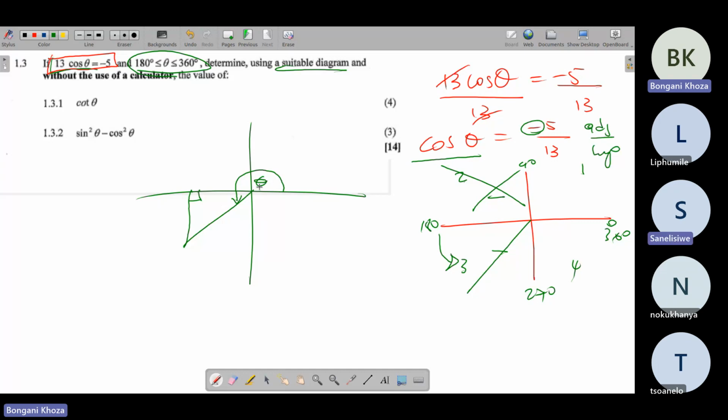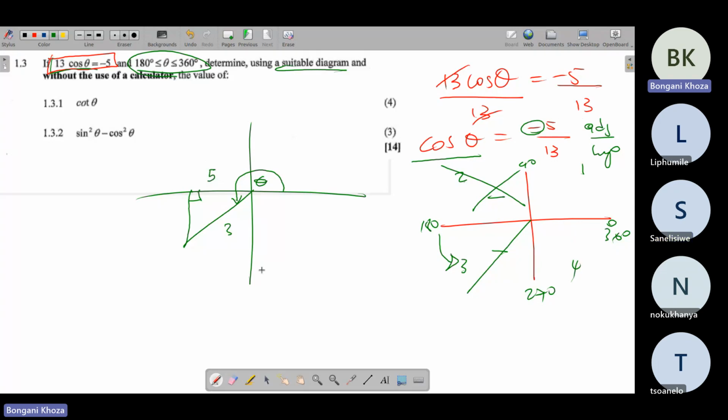So which side is adjacent to theta here? Is it 1 or 2 or 3? Two. It's 2. Adjacent means next to. It cannot be this one because this one is the hypotenuse. So if we are saying it's 2, we'll take whatever we had on our numerator, which was 5.